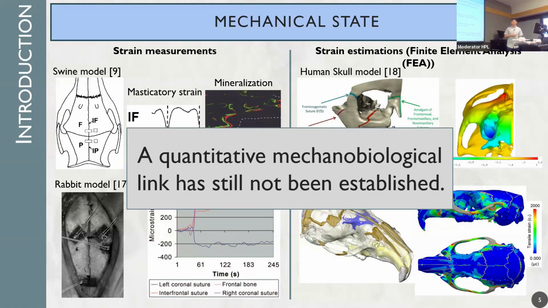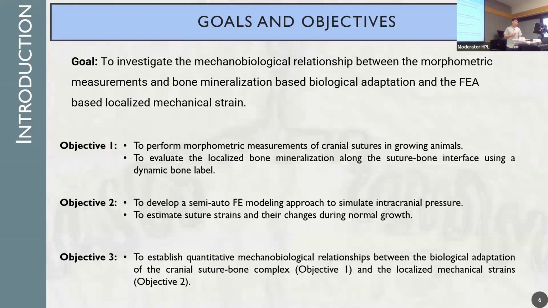So the goal in this project was to contribute to filling that void by investigating the mechanobiological relationship between morphometric measurements, bone mineralization, and biological adaptation with respect to the localized mechanical strain. I aim to achieve this through the following three objectives.